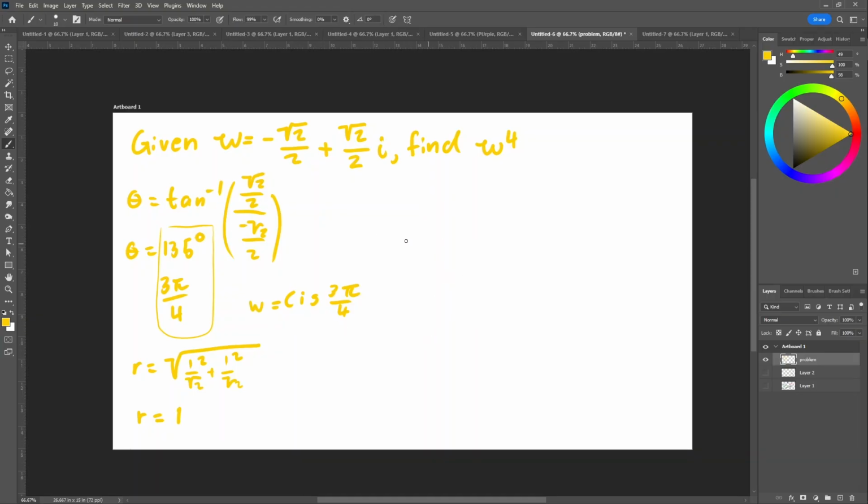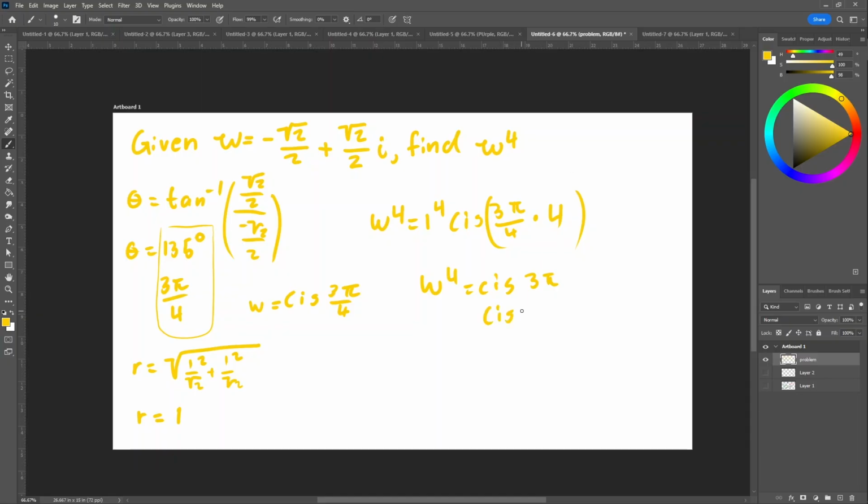And since we want W to the 4th, W to the 4th is equal to 1 to the 4th times cis 3 pi over 4 times 4. We're almost done. W to the 4th is equal to cis 3 pi, because 1 to the 4th is still 1. And if we want to convert that, that's a pretty good answer.